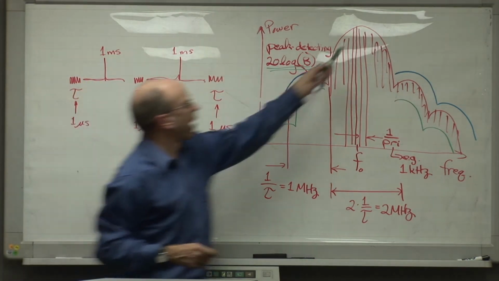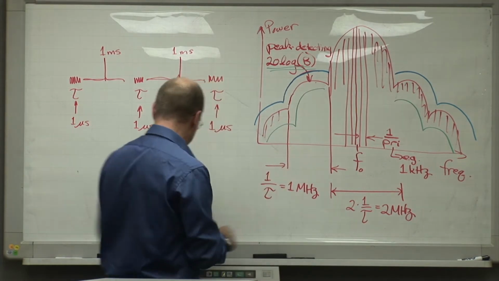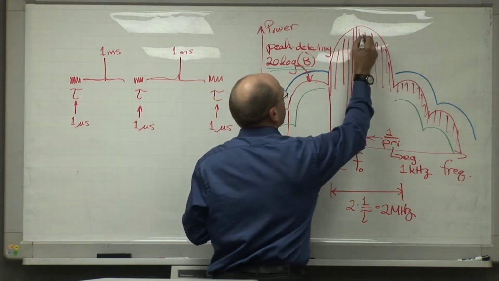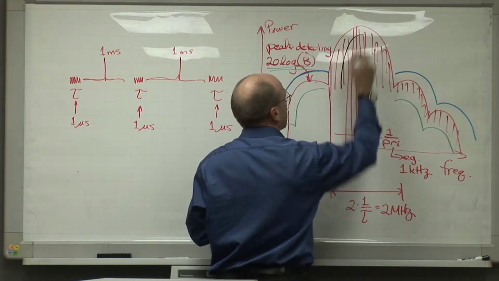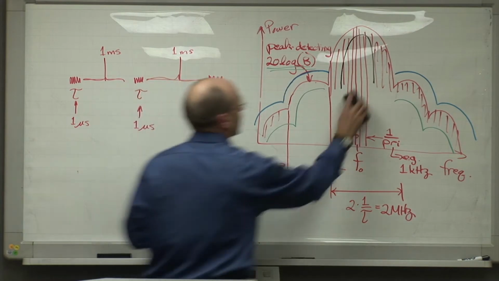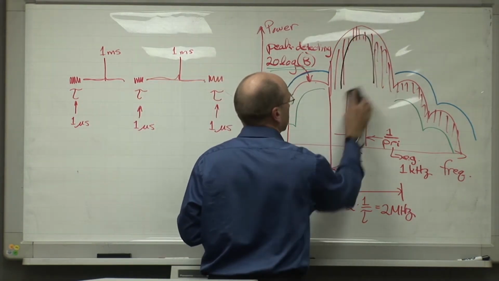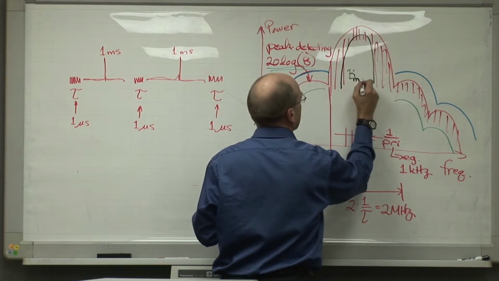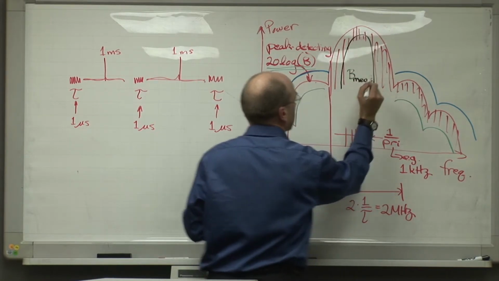what if we're making power measurements at the fundamental? Well, if we make a power measurement at the fundamental in a bandwidth which is narrower, here's our measurement bandwidth, B sub mes, right in here.